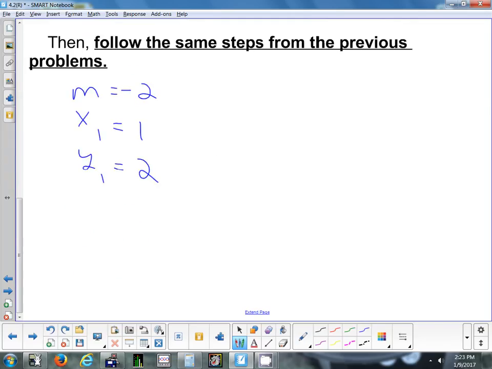Okay, and then we're going to write our answer. Actually, you know what? We'll do this one all the way. We'll write it in slope-intercept form. So, what do I start with? What letter comes first?